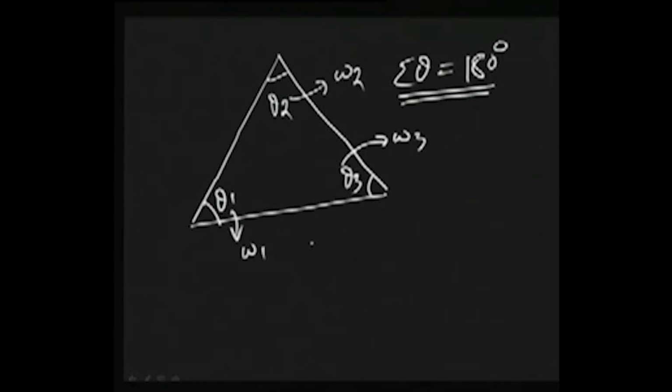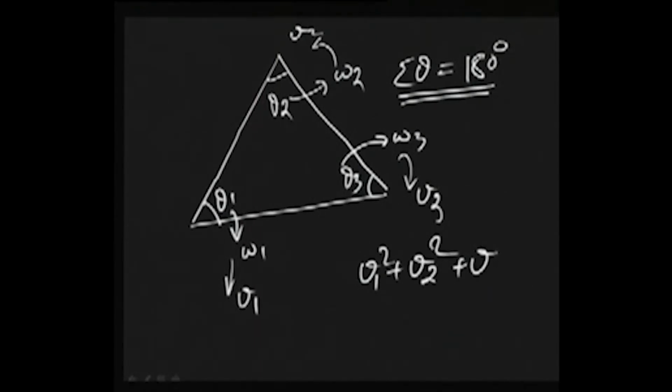Then as per the weights, we find corresponding to each observation the residual V1, V2, V3. So these residuals should be such that V1 square plus V2 square plus V3 square should be minimum.